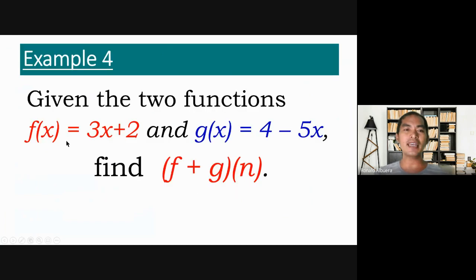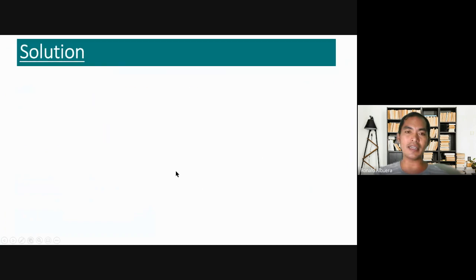Now, another example. Suppose f is 3x plus 2, and g is 4 minus 5x. But you are going to get the sum of the two functions when the variable x became n. So it's already evaluation of the sum of two functions when x is equal to n. So your first step is to write first the definition of the sum of two functions.